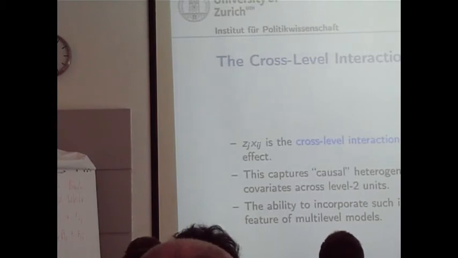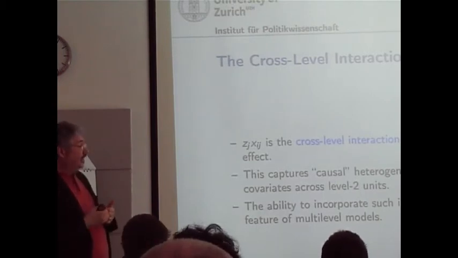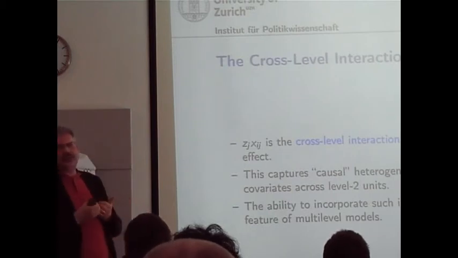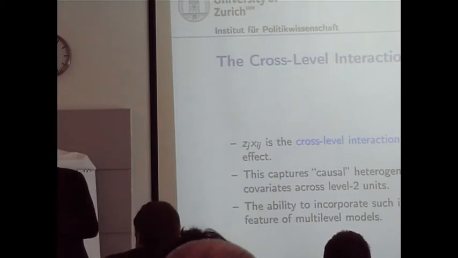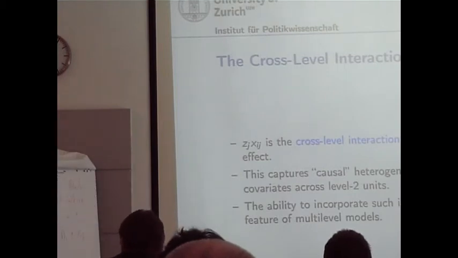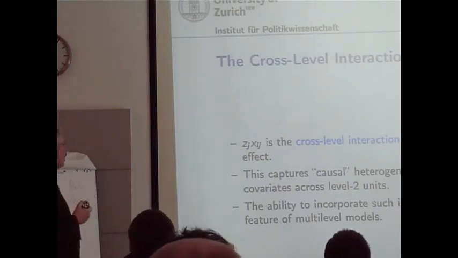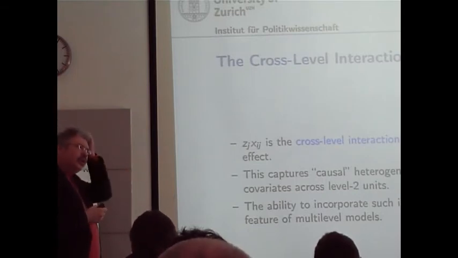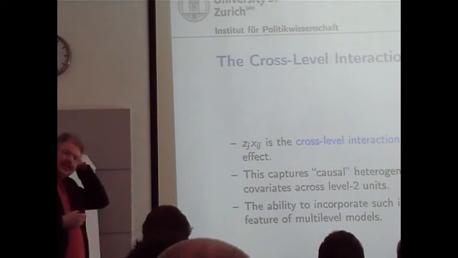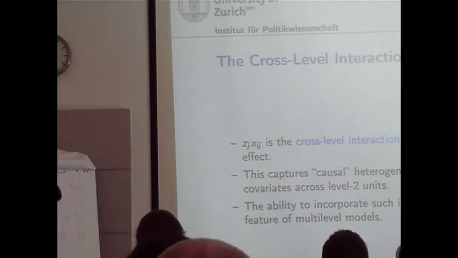And this is a way to capture causal heterogeneity. The random coefficient model already captures random causal heterogeneity, but now we're actually offering an explanation for that. And that is often a very interesting part of multi-level analysis, these cross-level interactions. How do they operate? What do we do with them?